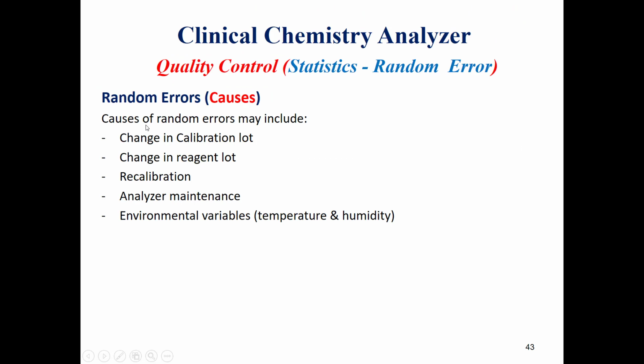So what are the reasons for random errors? Usually a change in calibration lot or reagent lot, recalibration or analyzer maintenance, major analyzer maintenance, or a change in the temperature and humidity of the surrounding environment of the clinical chemistry analyzer. So this is the main target behind quality control.